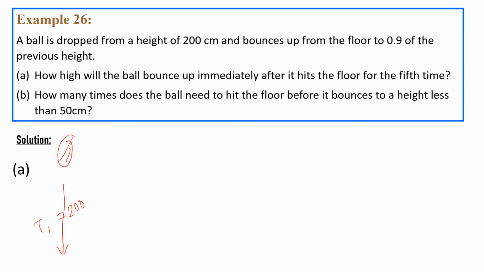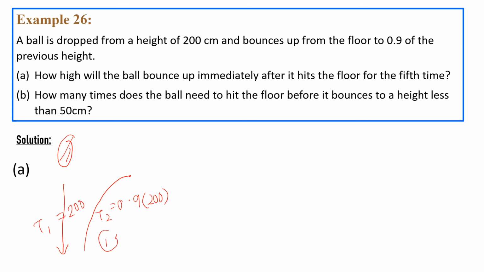This is our T1. So it will bounce. The height of the ball after it bounces will be 0.9 of the previous height. So this is our T2. But you must take note that it is the first time the ball bounced from the floor.